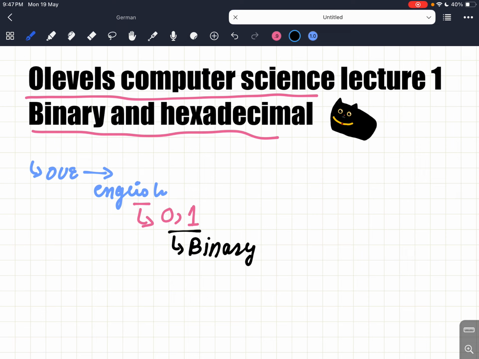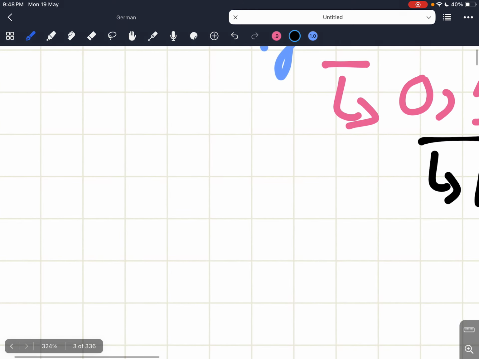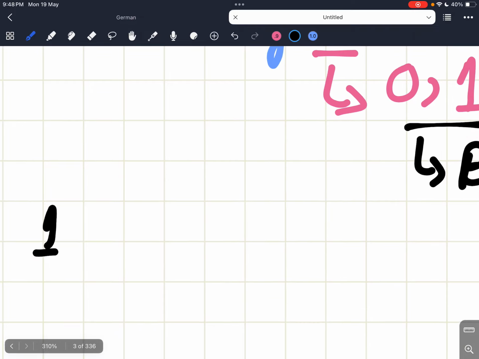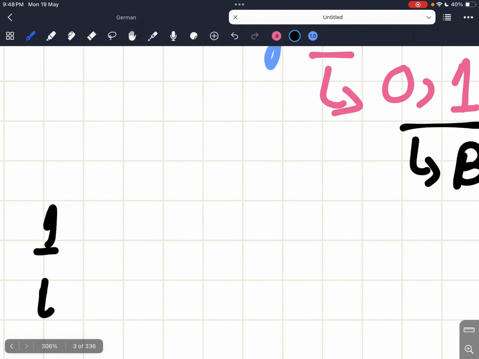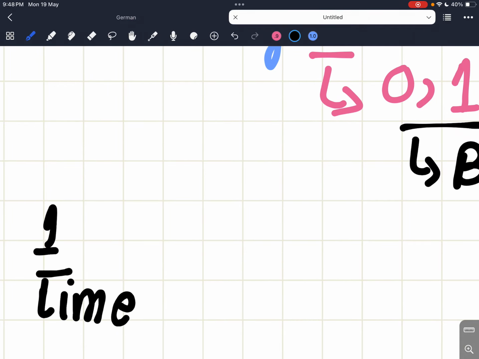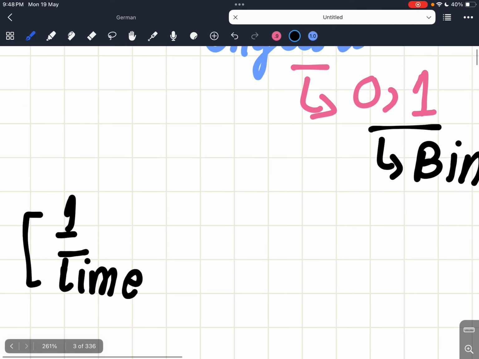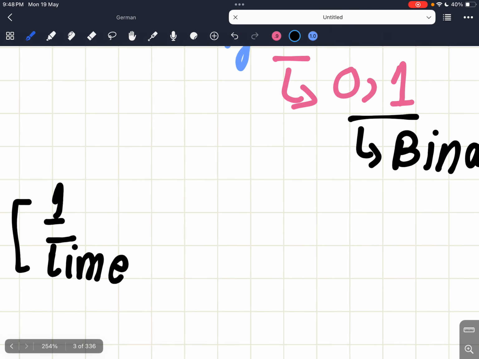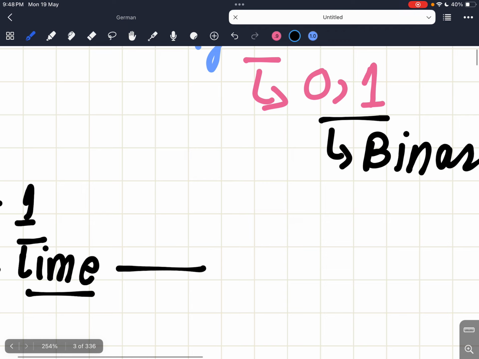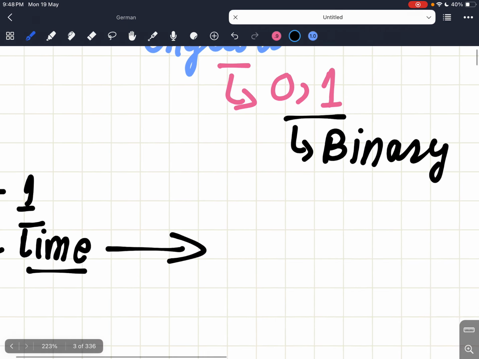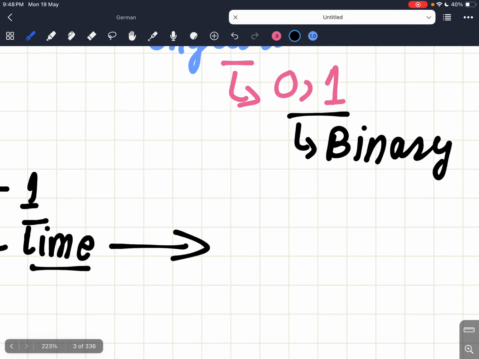Whatever we type on our computer, for instance if I wrote 1 or I wrote a word, the computer will first interpret it. There is an interpreter which translates our language to the computer's language, so whatever we have written, the computer will store in the form of binary numbers.